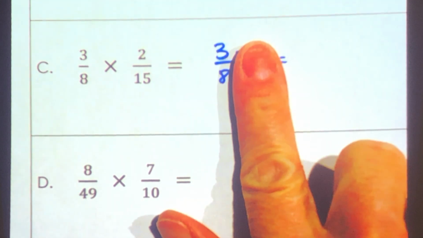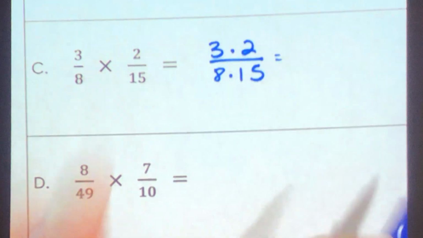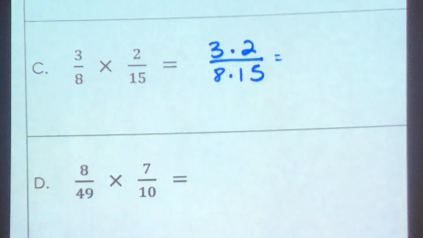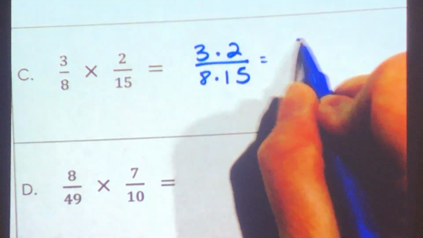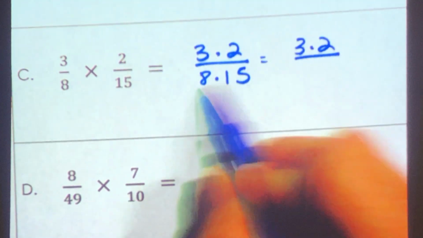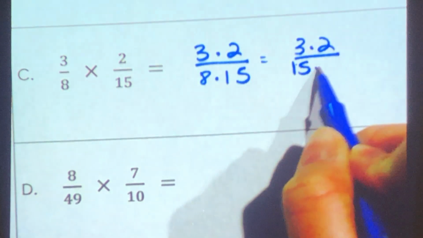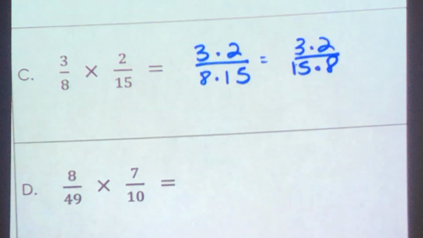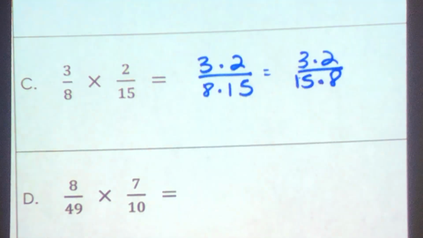Now, I know I can't simplify 3/8, and I know I can't simplify 2/15, but I do know that I can change the order of my factors with multiplication. So what I'm going to do is switch around the 8 and the 15 and change it to 15 times 8 instead. I'm allowed to do that. I'm going to get the same exact answer in the end. Now I'm going to simplify beforehand.